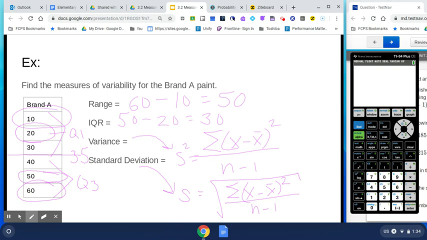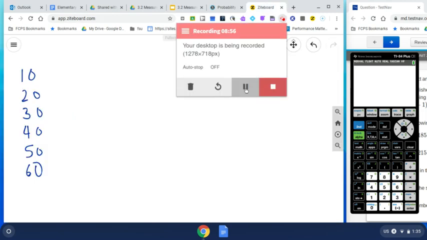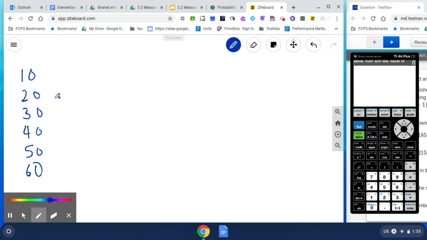So this is going to take a little bit of space, so I am going to come over to a different slide so we can take a look at how we're going to find the variance and the standard deviation. Okay, taking a look at those values, I went ahead and copied the data values to the left there. Our first step is we're going to take each data value and subtract off the mean.